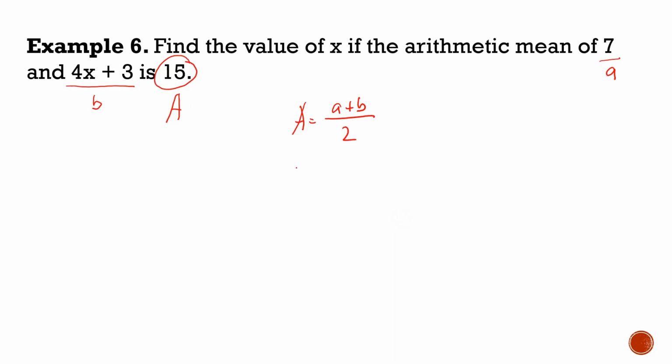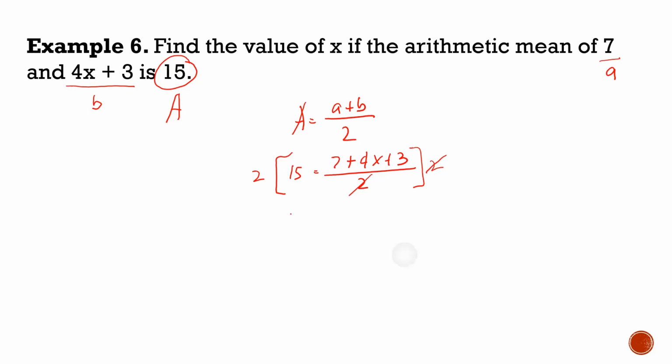So to solve for x, we just need to replace capital letter A by 15, small letter a by 7, and b by 4x plus 3, and then divided by 2. Now, every time you have an equation that has a fraction, the best thing to do is to simplify this by multiplying each side of the equation by whatever the denominator is.